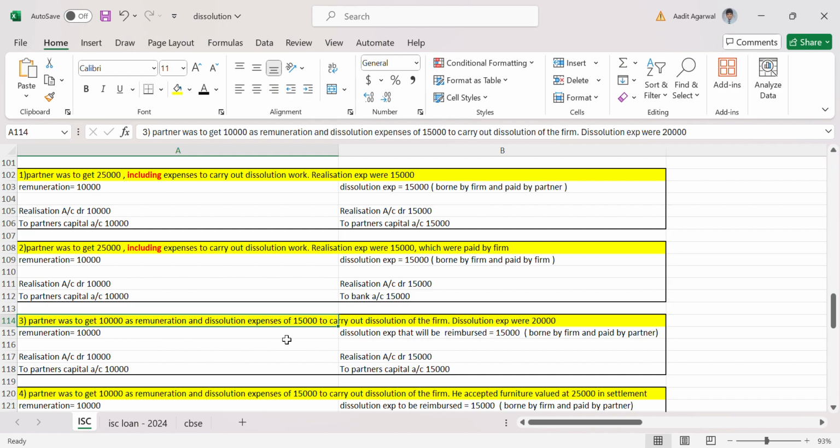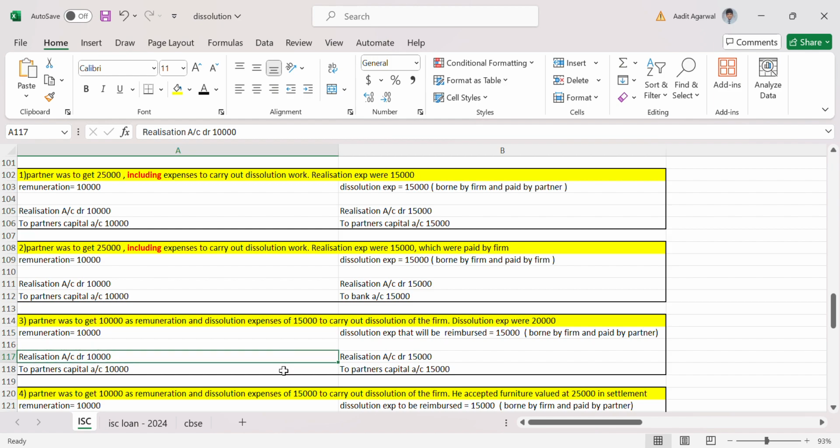The third scenario is when partner is getting a remuneration of 10,000 plus he is getting dissolution expenses of 15,000. So for the remuneration of 10,000, pass the entry realization debit to partner, and for the dissolution expenses, pass the necessary entry. So in this case again I will check who is bearing it and who is paying it.